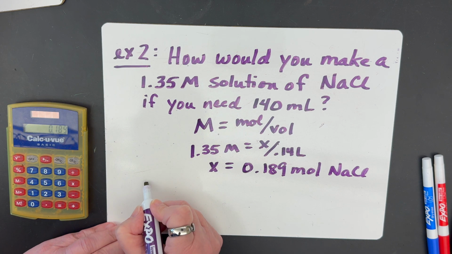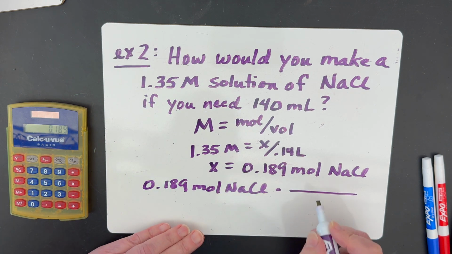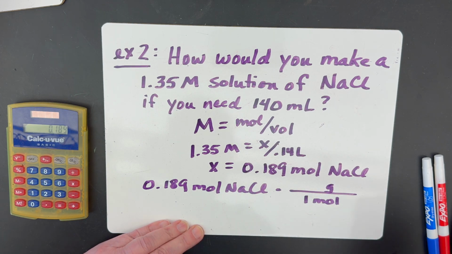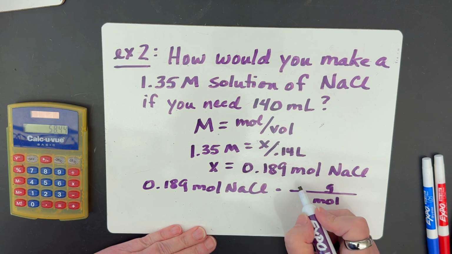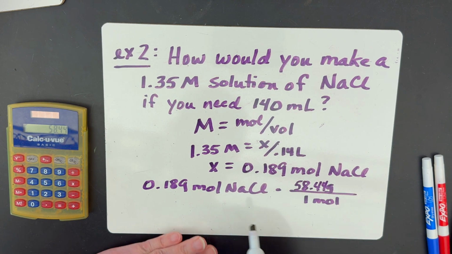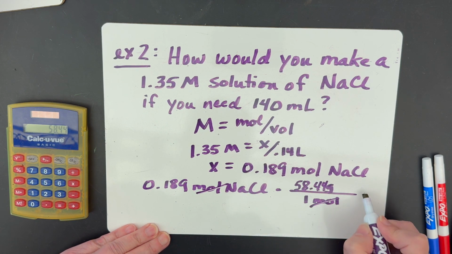So we want to convert that into grams. So we put 1 mole on the bottom because we want the unit to cancel, and on top we put our grams from our periodic table. We figured that out in the last problem to be 58.44 grams per mole. So we're going to take our moles times our grams, moles cancels.